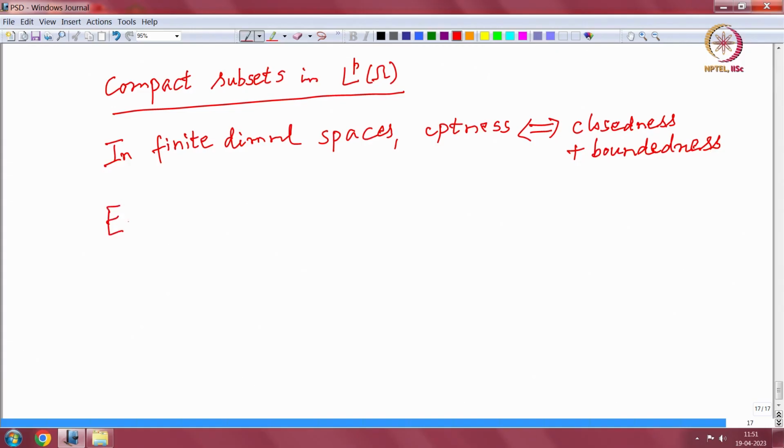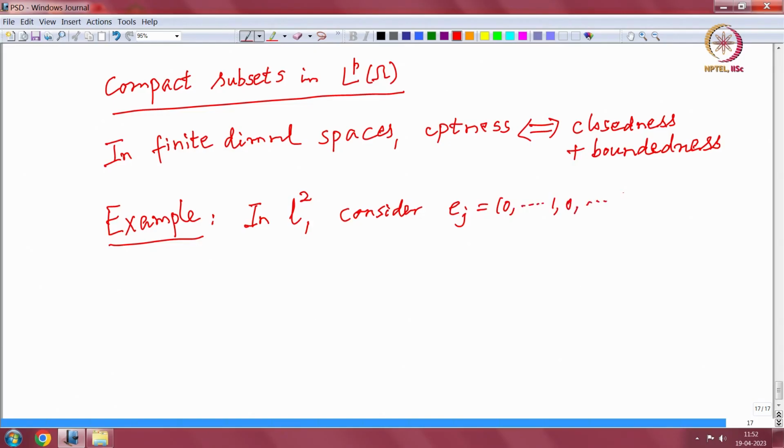A simple example. In little L2, the space of all sequences which are square summable, consider the unit vectors e_j, which are 0, 0, 1, 0, with the 1 at the jth position.